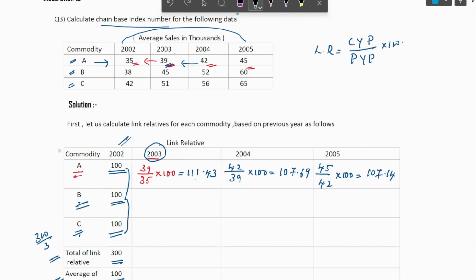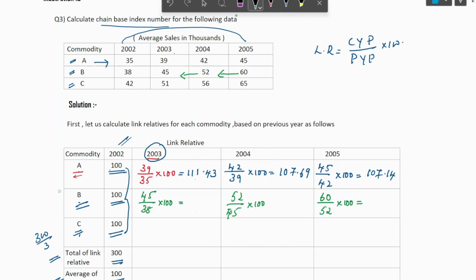Here, see 2003. What is your price here? 45, divided by the previous year value 38. Therefore, I am writing 45 divided by 32 into 100. Now this is 52 divided by 45 into 100. Next, 60 divided by 52: 60 is the current year price, the 2005 price divided by the 2004 price 52, into 100.